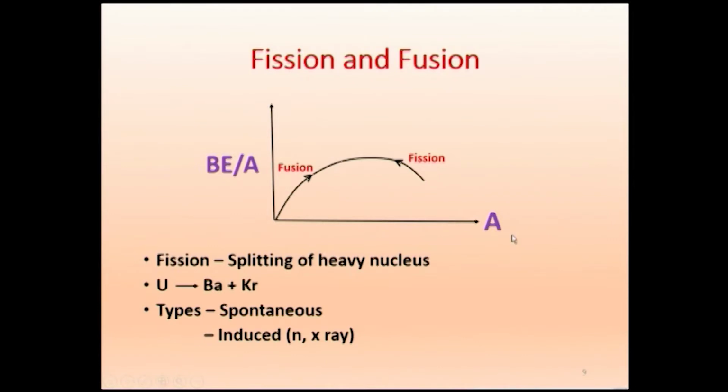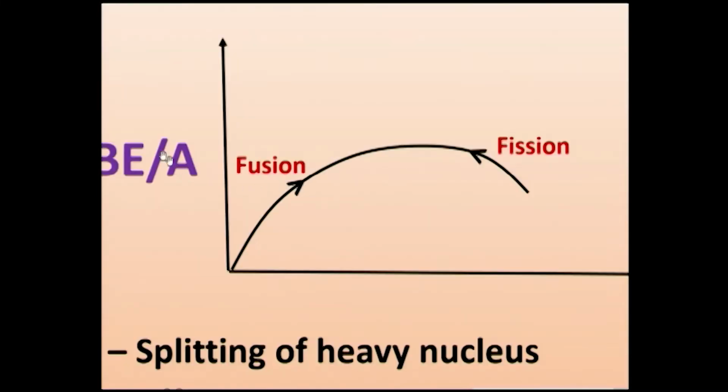This curve is a binding energy curve. Here we have binding energy per nucleon on the y axis and mass number A on the x axis, and this is an experimental curve provided by nature.